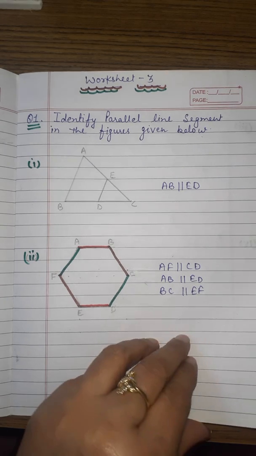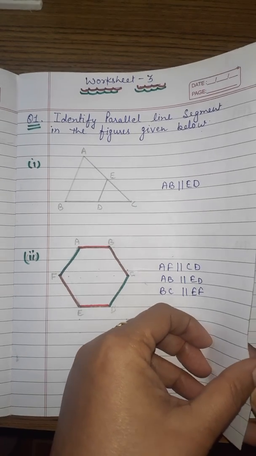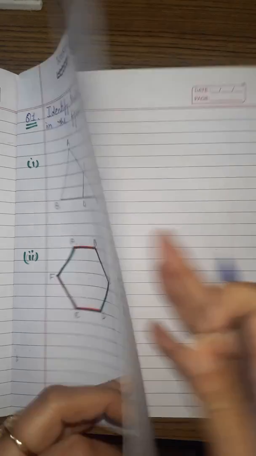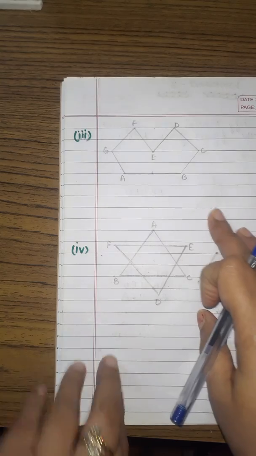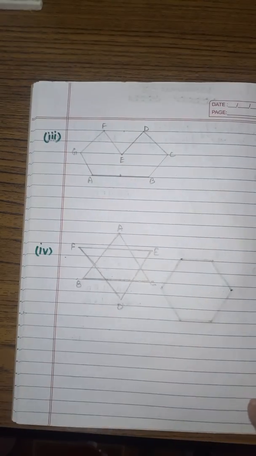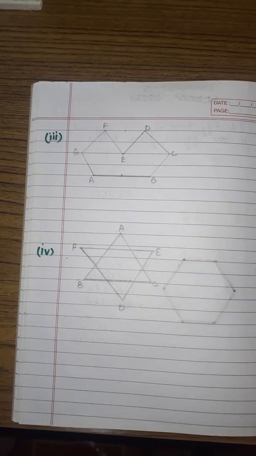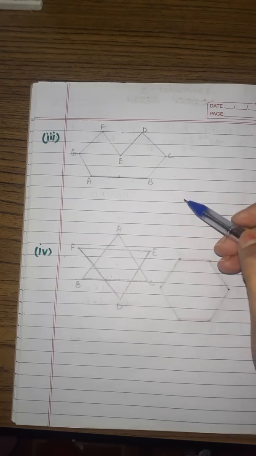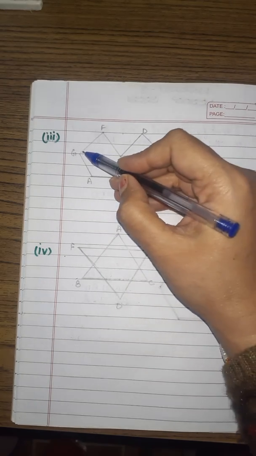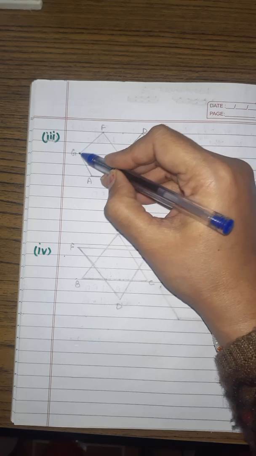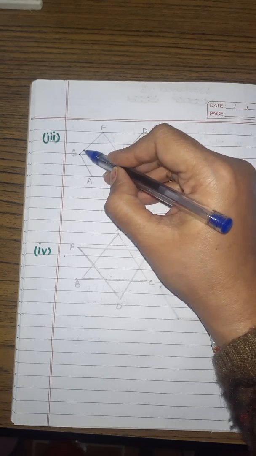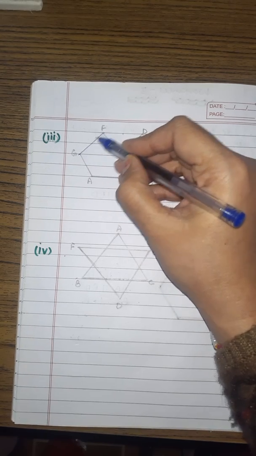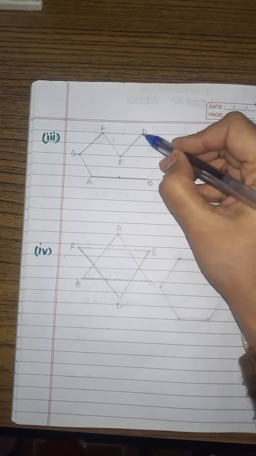Now the next part of this question: in this figure you also have to identify the pairs of parallel lines. First I am taking GF, and which lines are parallel to GF? Opposite of GF we have ED.